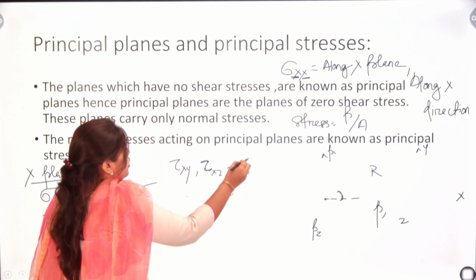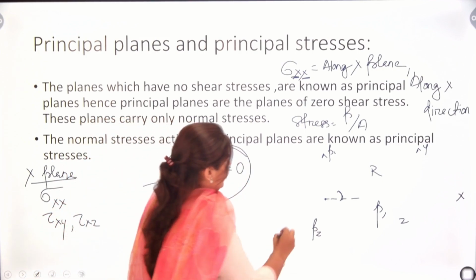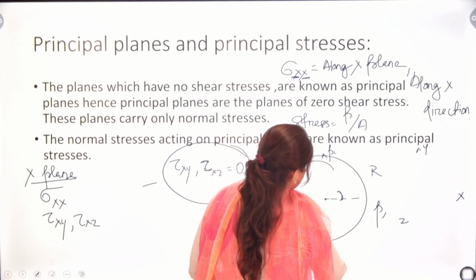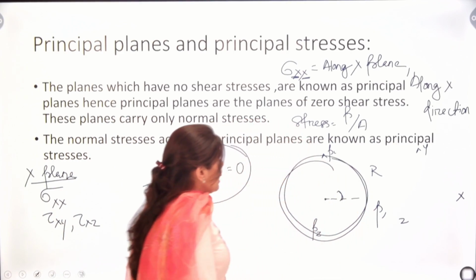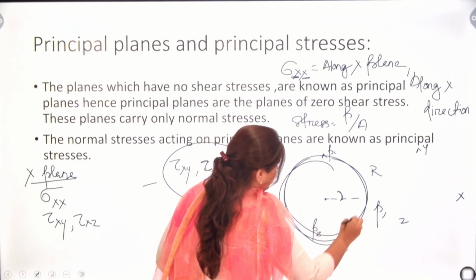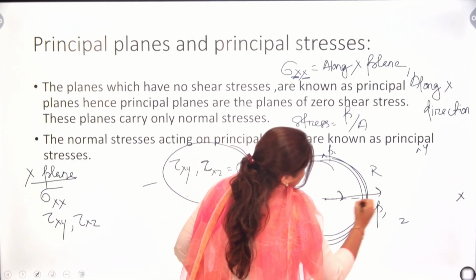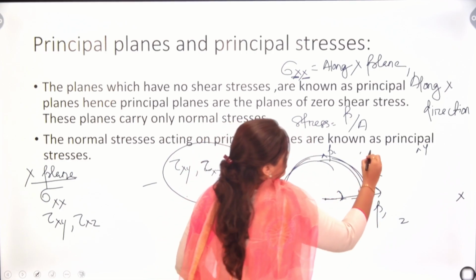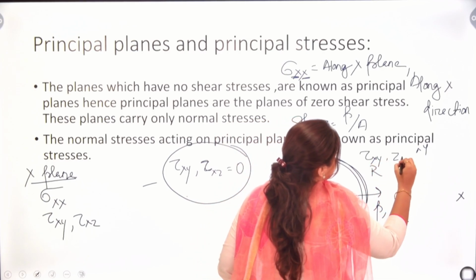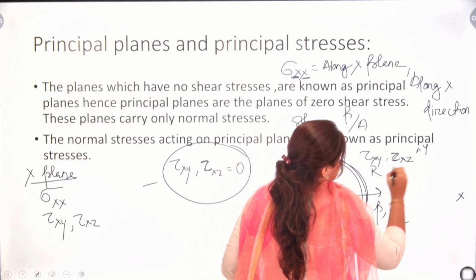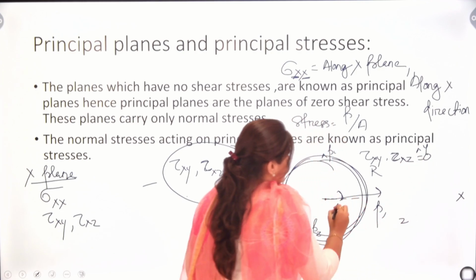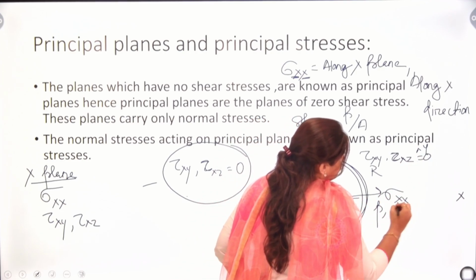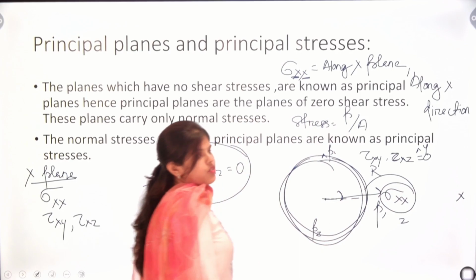Okay. So, in case of any plane, right, if this circle is the plane, what happens? If shear stress is 0, that is our tau xy or tau xz equals 0, so there will be only sigma, that will be our normal stress.